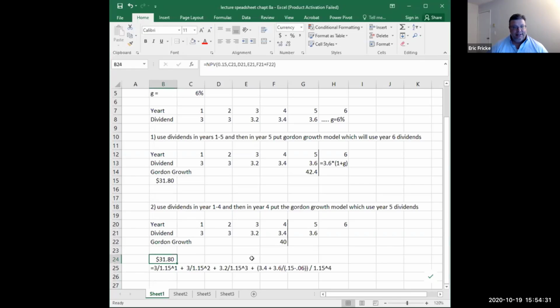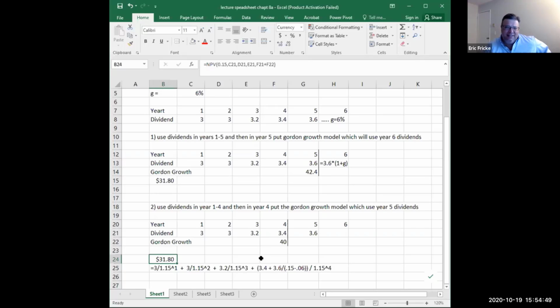So, sometimes people like to go out 10 years, and it's a little bit of a personal choice. And some of this is dictated by company practice. When do they start taking the Gordon growth model?